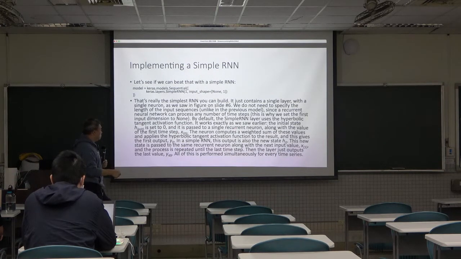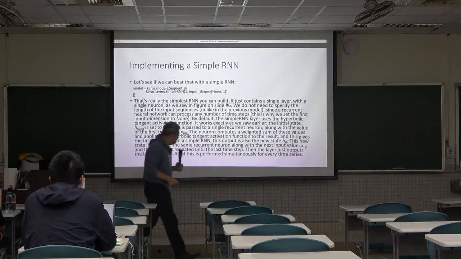So it's going to take x0, x1, x2 up to x49, and all the outputs will be ignored until the last one, y49. That one is going to be used to compare with the ground truth.